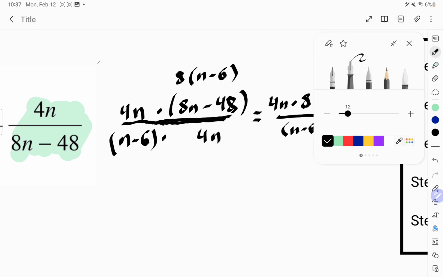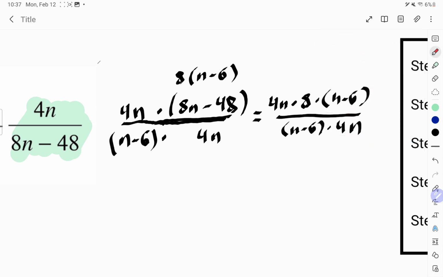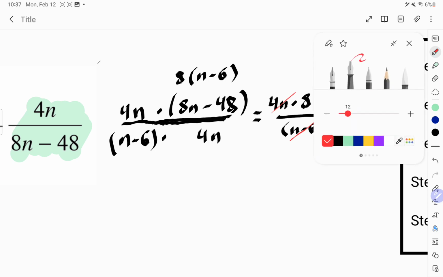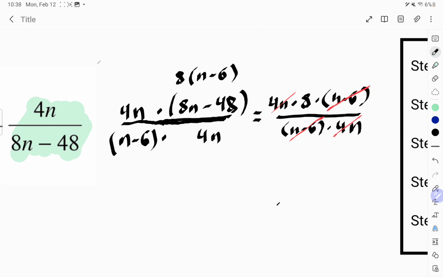Let's go ahead and see what we can cancel out. In this case, n minus 6 is going to cancel out with n minus 6, and 4n is going to cancel with 4n. So the only thing left in my problem is 8. And that is my answer. So it's just going to be 8.